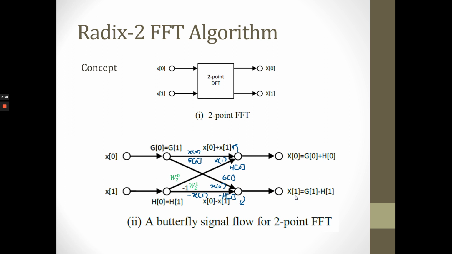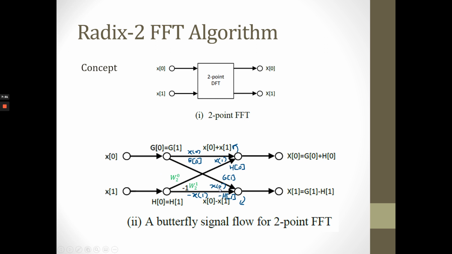So X1 equal to g1 minus h1. So the basic computational unit of the FFT shown in this figure is called a butterfly, based on the lines connecting these 4 nodes. This is a butterfly pattern.